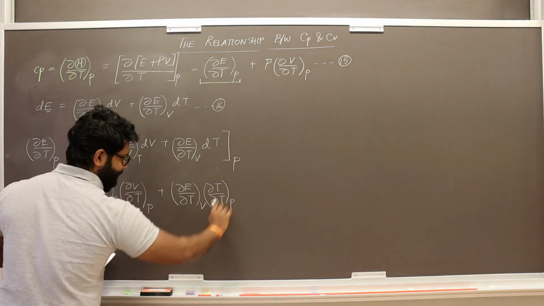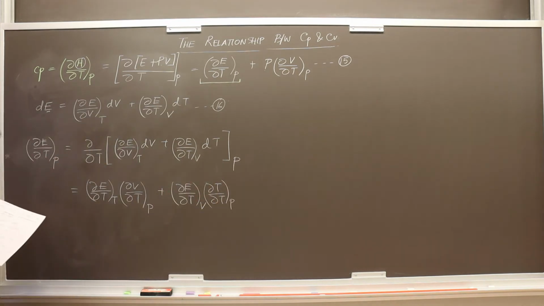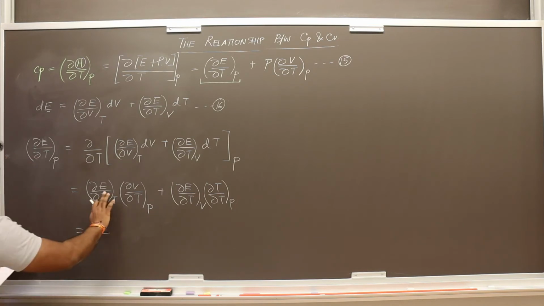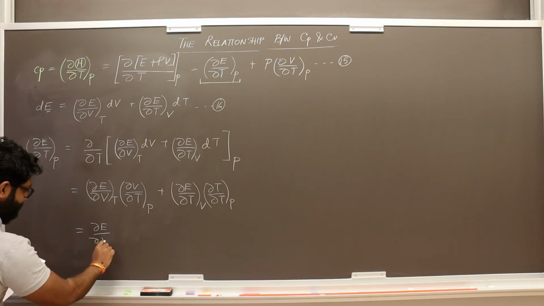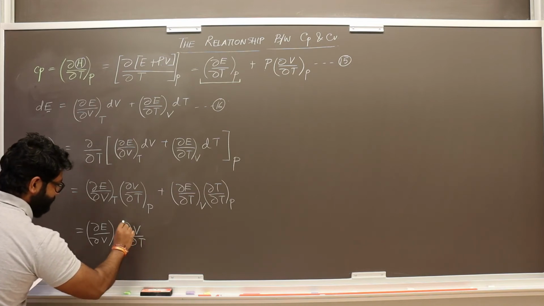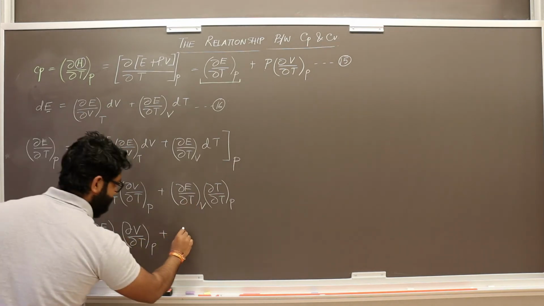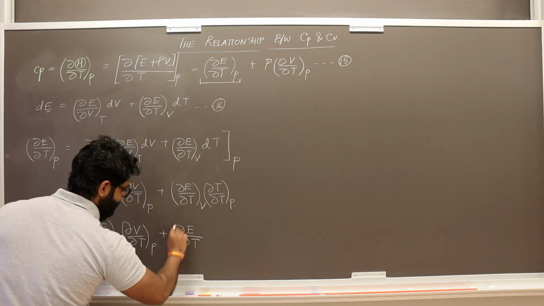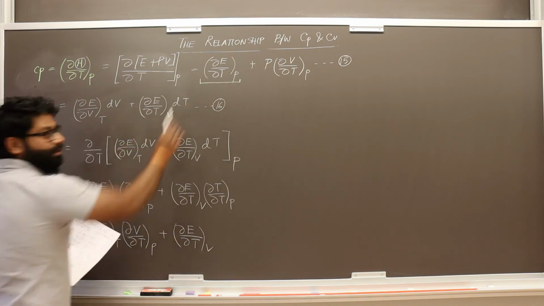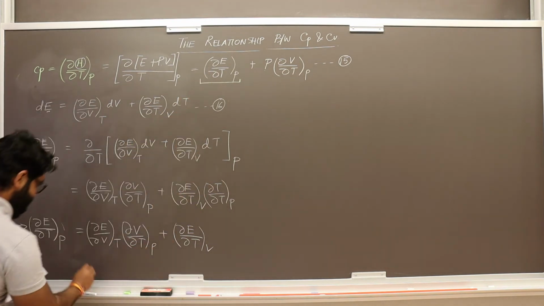Now you can see that this whole thing is 1. So this will be simplified as del E, this is a mistake, it's a V, del E del V at constant T times dV dT at constant P, plus del E del T at constant V. Okay, so we have found this value, and we'll just be substituting this whole value in here.